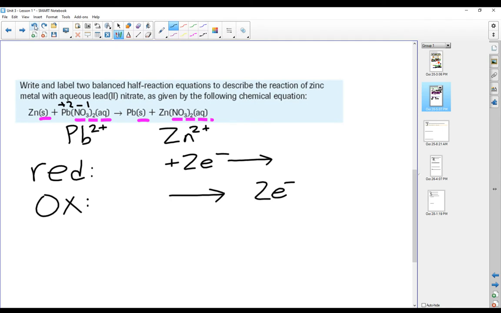All right, I've given you a moment there to think about that. I'm going to write down my acronym again. Oil rig, oxidation is loss, reduction is gain.